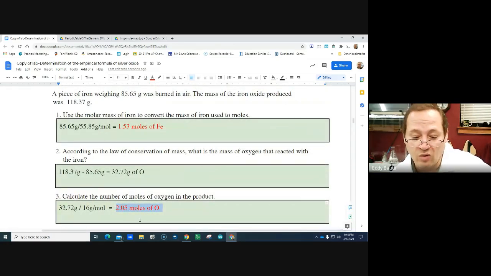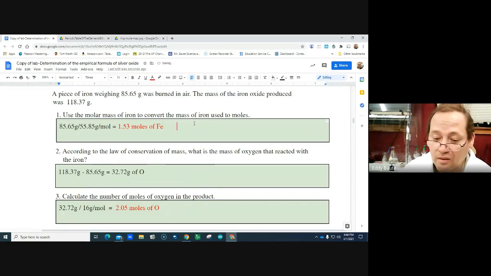So I have these 2 moles here. The smallest value is this one. I'm going to divide both of these numbers by the smallest value. For iron, I just divide by the same amount, 1.53 divided by 1.53, and I get 1.